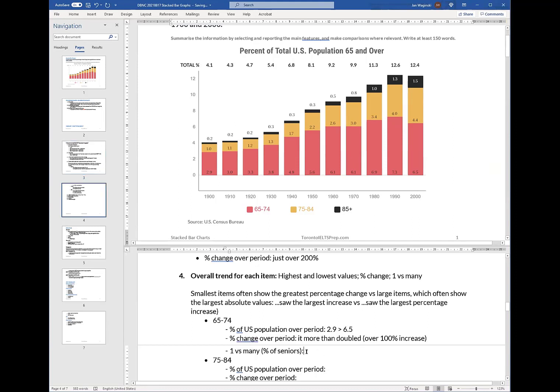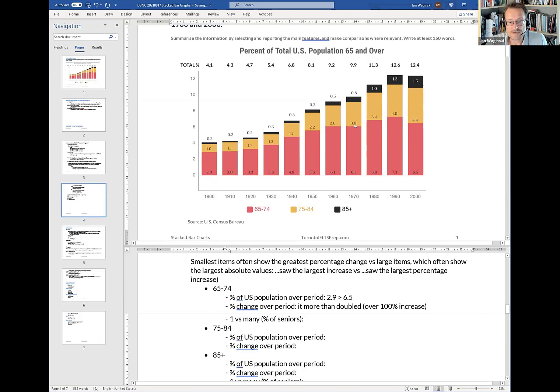Now, here's an interesting relationship that might be worth mentioning. What's the relationship between the number of 65 to 74-year-olds and the number of seniors in the other two age groups? The proportion of seniors in the red group is always more than the combined total of the other two groups. If we see here in the final year, 4.4 and 1.5 adds up to 5.9, still less than 6.5.